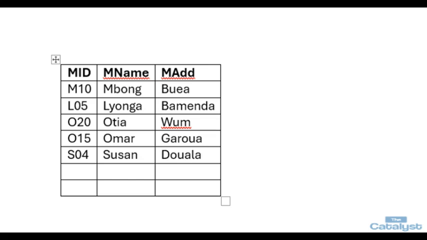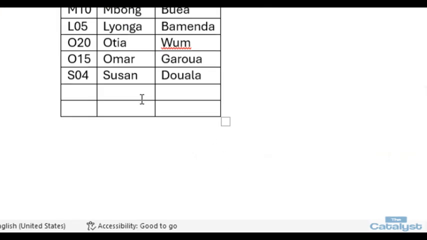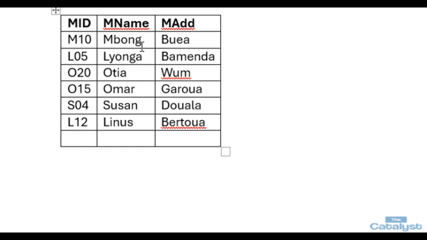Okay, so after that, we'll move to O20, which was already entered, so we'll skip it. L12, Linus and Betwa. So L12, Linus and Betwa. Okay, so move on.